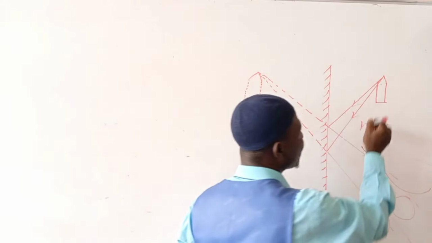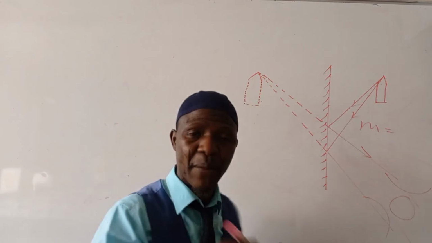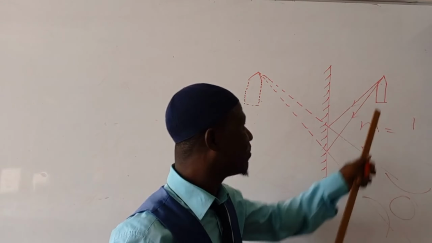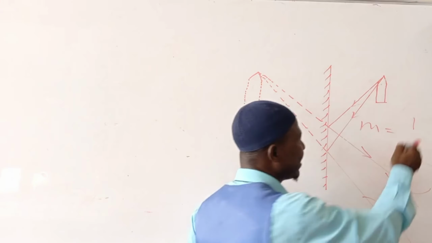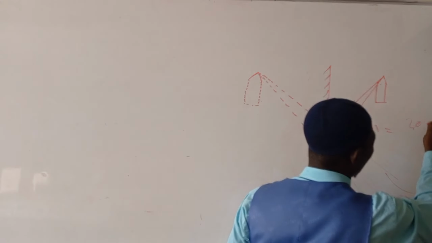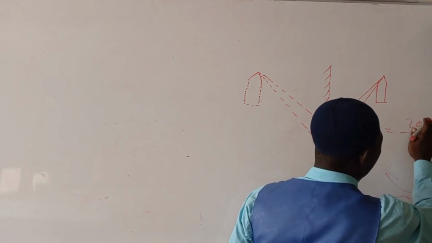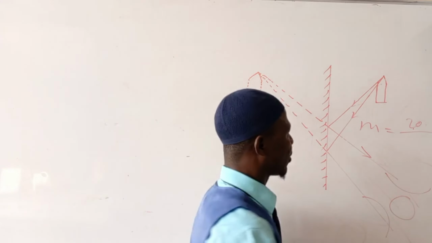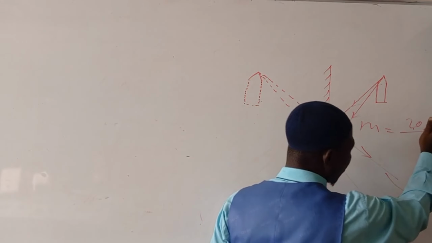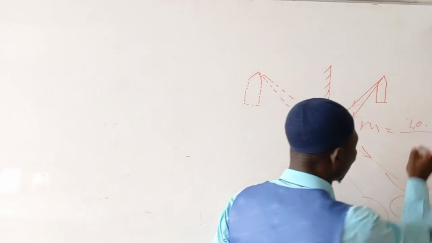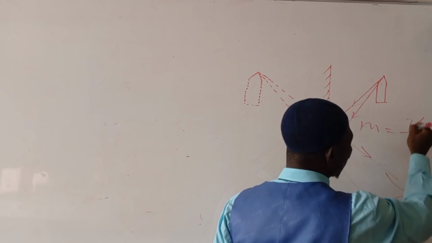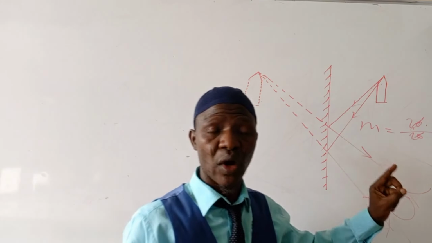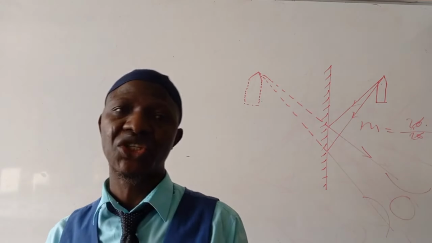So in that case, the magnification of image formed by plane mirror will be what? 1. Because if object is 20 centimeters tall, image also will be what? 20 centimeters tall. So image height 20, object height 20. So we cancel this to give what? 1.